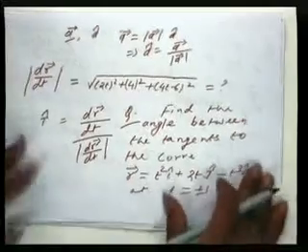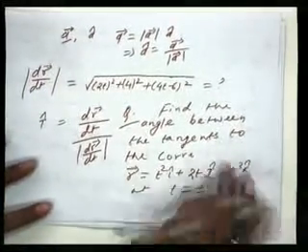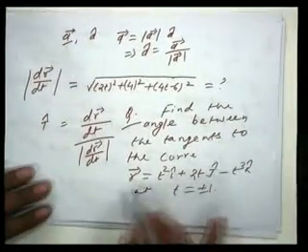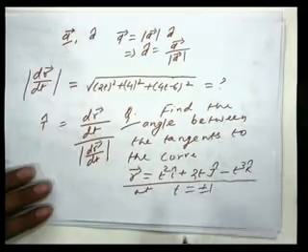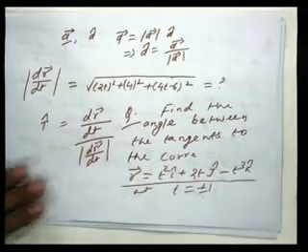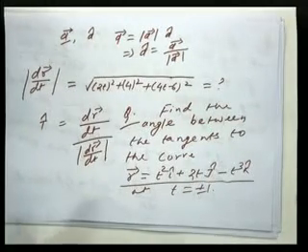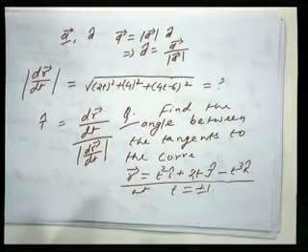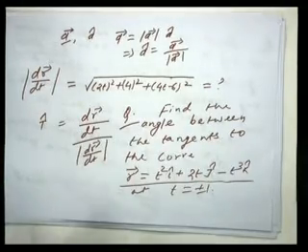So you have to find the angle between the tangents to the curve at the two points, plus 1 and minus 1, right?